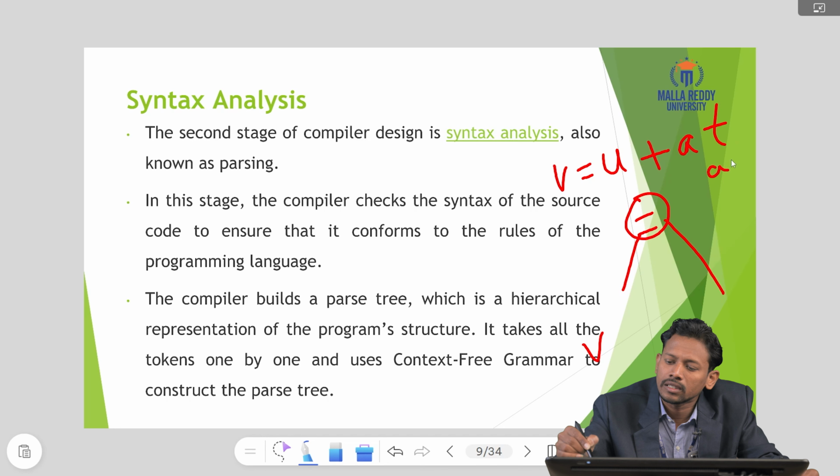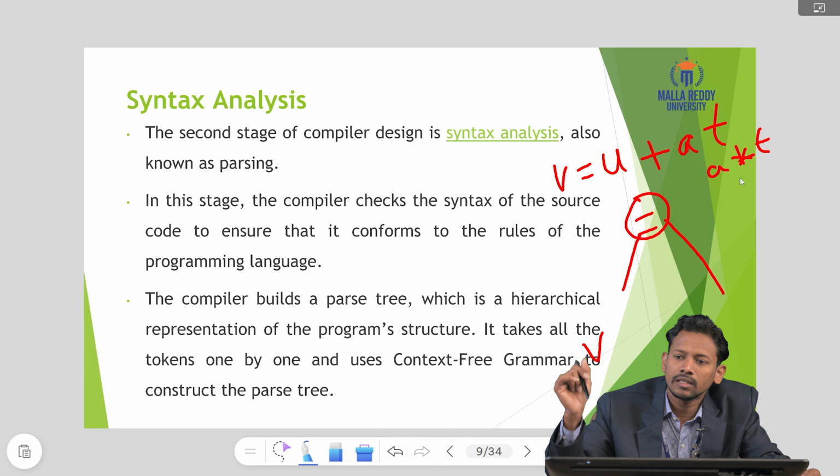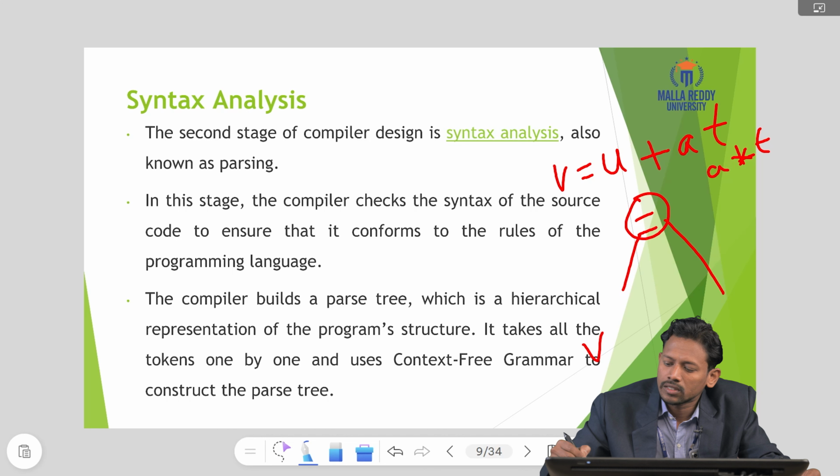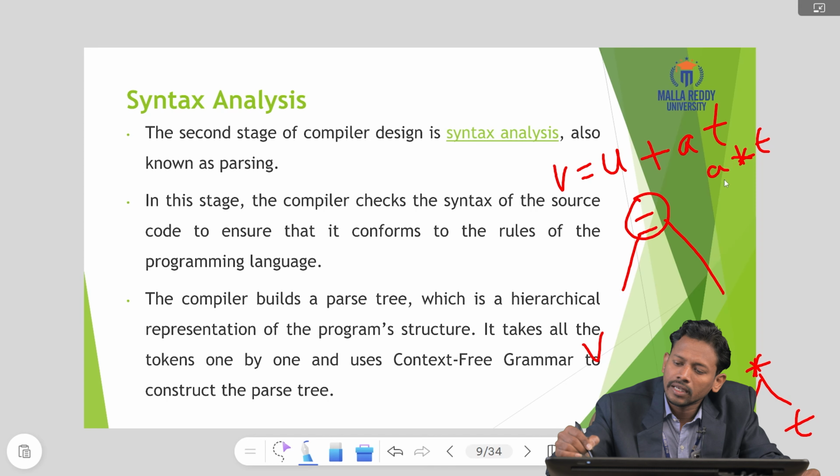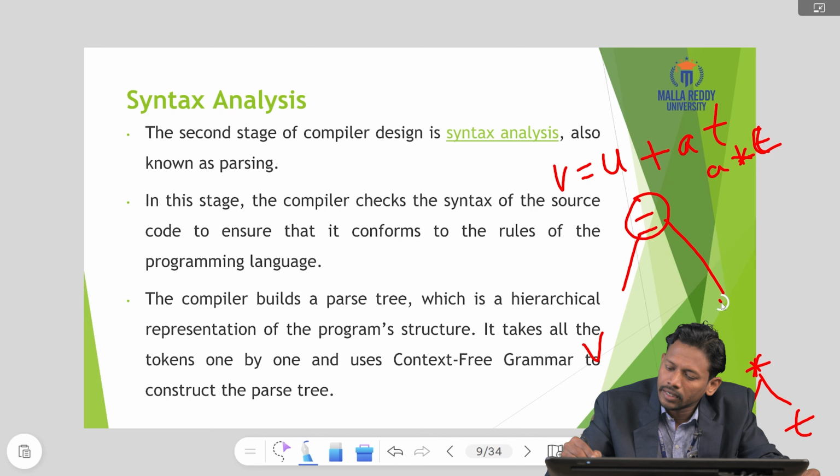This will be evaluated first as a multiplication, which has the highest precedence. Next, the result of a multiplied with t is going to be added with u, that is, the result of this point will be added with u by the plus operator.